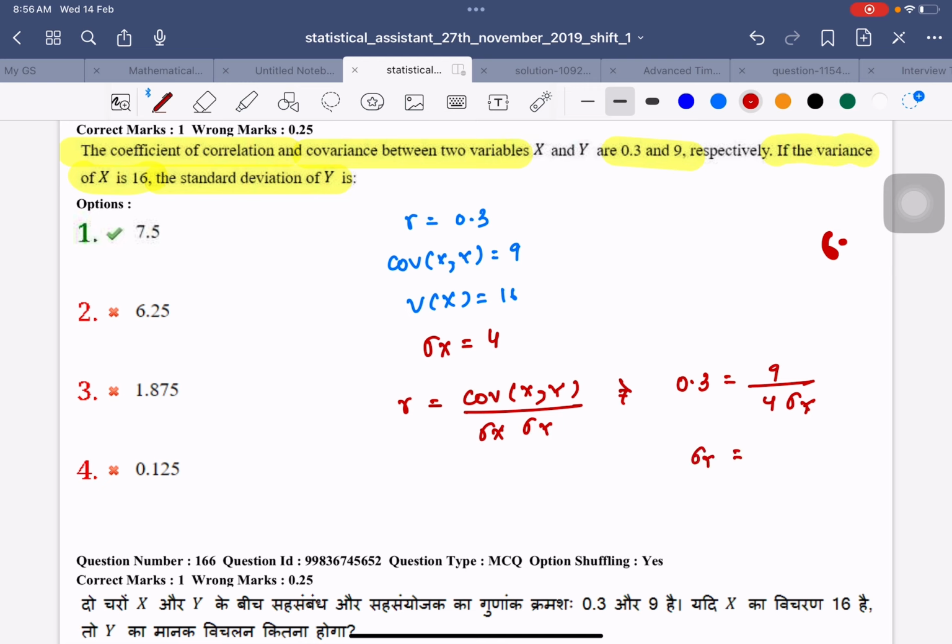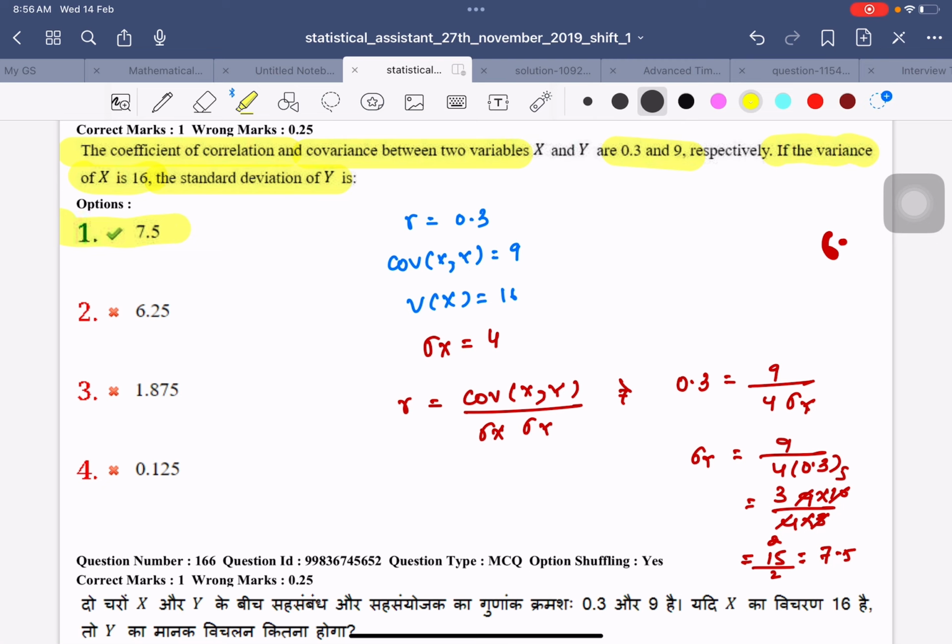So यहाँ से हम वैल्यू निकाल लेते हैं. It is 9 over 4 into 0.3, which is 7.5. So the correct option is option 1.